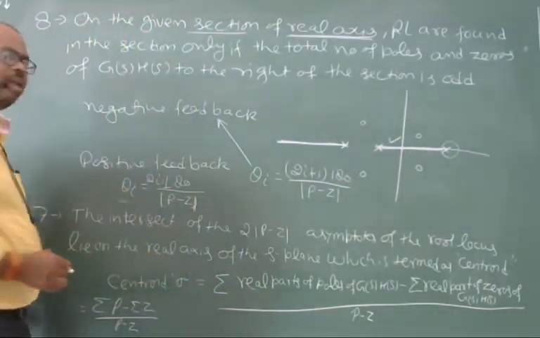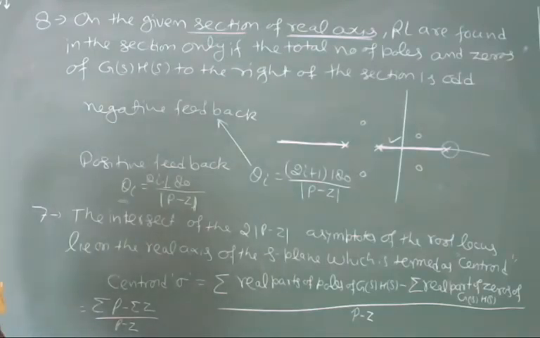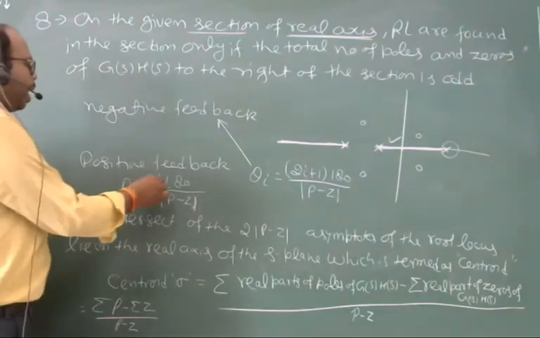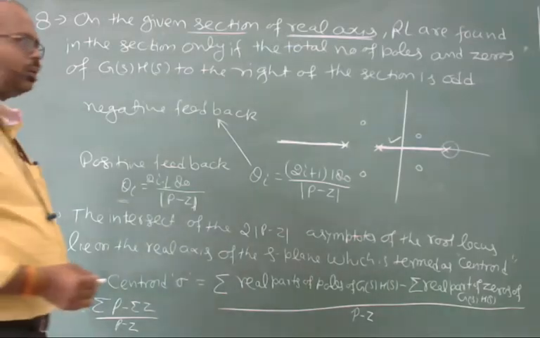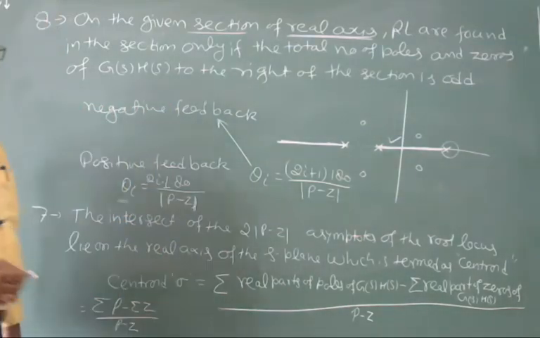And the angle of asymptote for positive feedback will be 2i multiplied by 180 divided by mod of P minus Z. These two changes will be there for the positive feedback case.